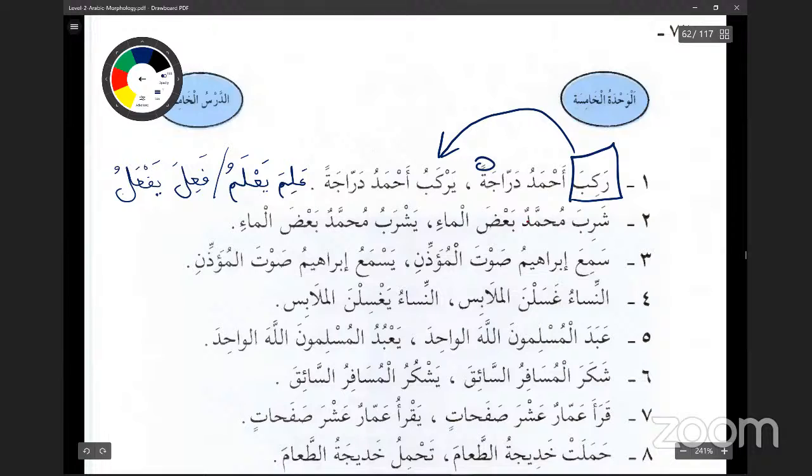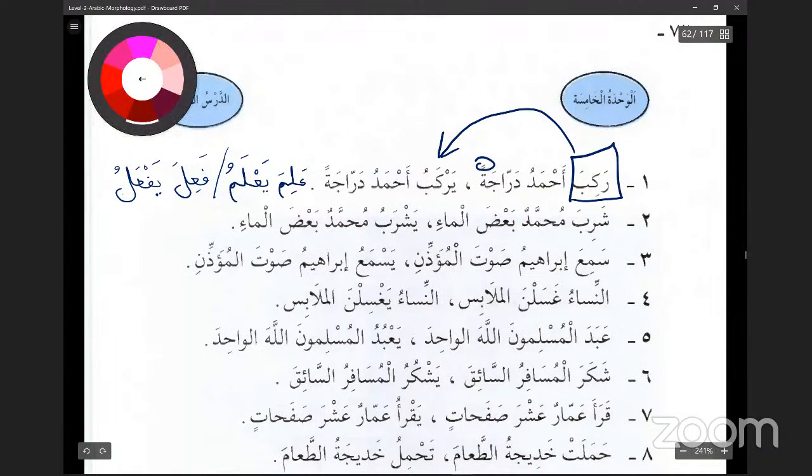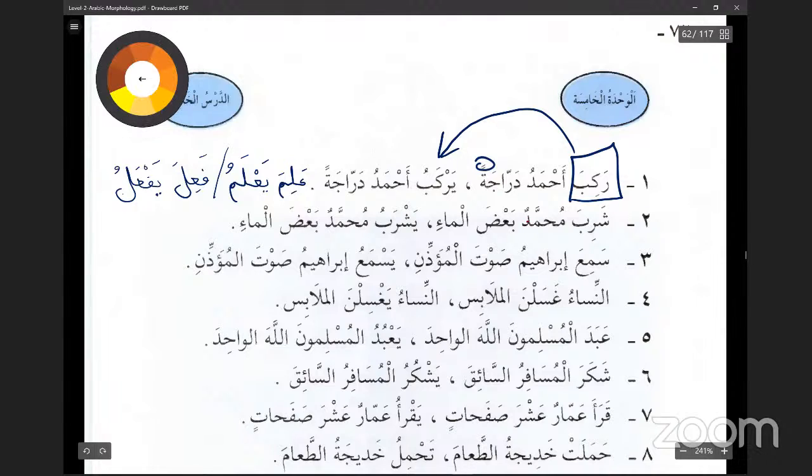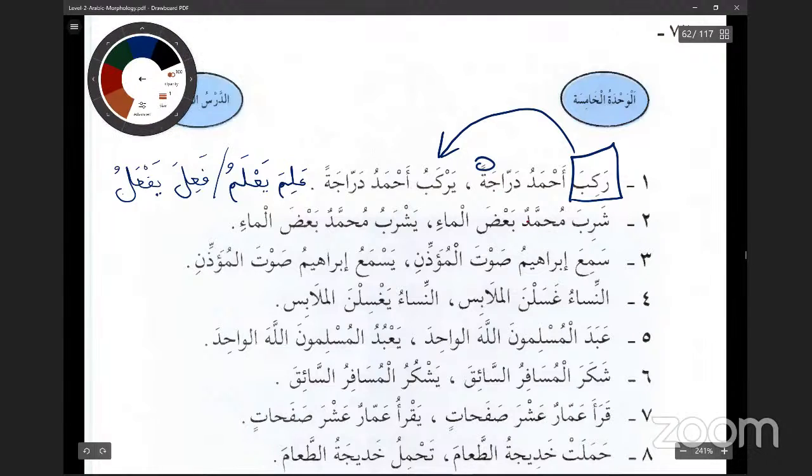Muhammad drank some of the water, and Muhammad is drinking some of the water. Good. So shariba comes from fa'ila yaf'alu, and the bab is alima ya'lamu. Very good. Jazakallahu khairan akhi al-kareem. فاعل يفعل.